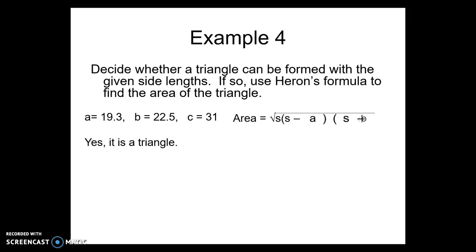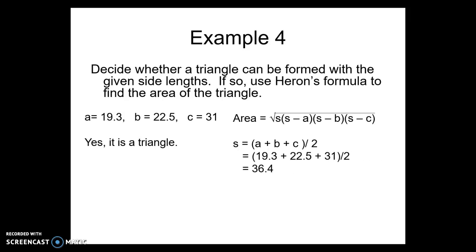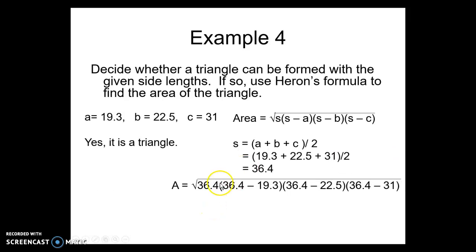All right, now to use Heron's formula, plug in what you know. And we also have to figure out S. So you add up all the sides and divide by 2, because the semi-perimeter is half of the perimeter. There you go. Add them all up, divide by 2, and substitute it in.